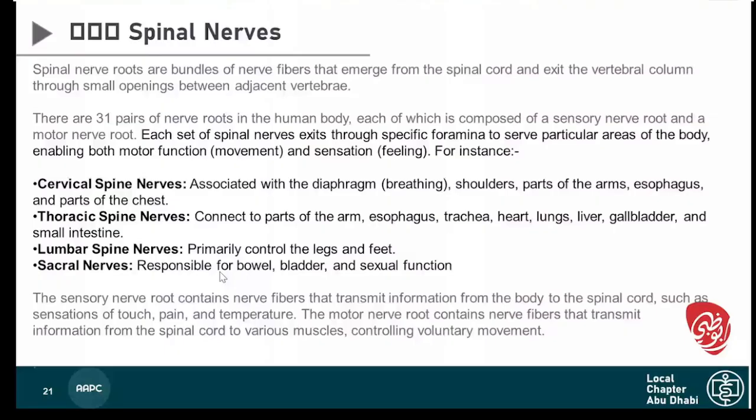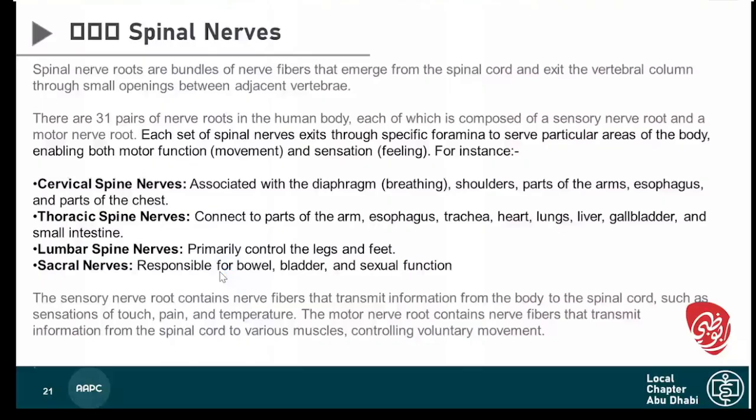So in brief, there are 31 pairs of spinal nerves, and their function depends upon the region from which they exit. The cervical spine affects the upper limbs, the thoracic spine connects to the esophagus, trachea, heart, and thoracic organs, the lumbar spine primarily controls the lower limbs, and the sacral nerves help in bowel, bladder, and sexual functions.